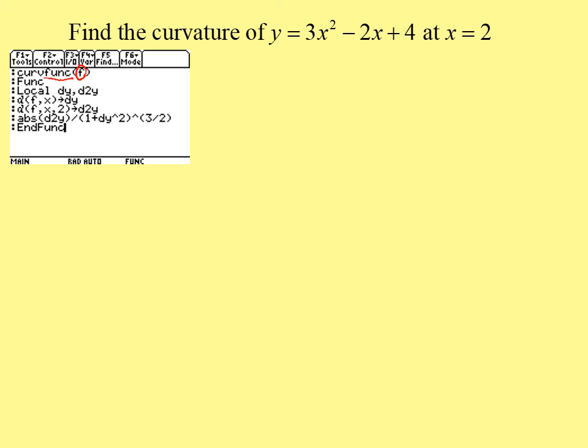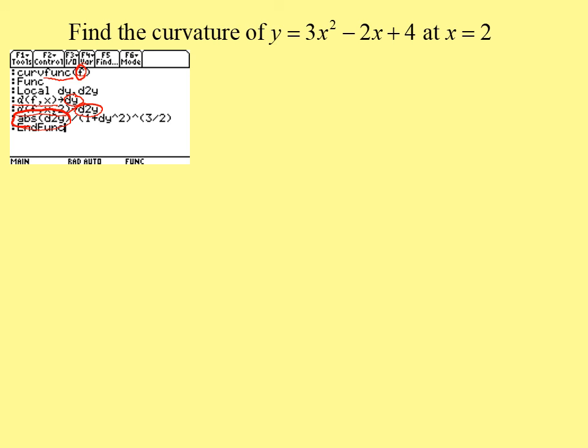So you can see again what's going on here is just a reflection of the formula we just came up with. We take f, we do its derivative, store that in dy. We do its second derivative, store that in d2y. We do the absolute value of the second derivative.